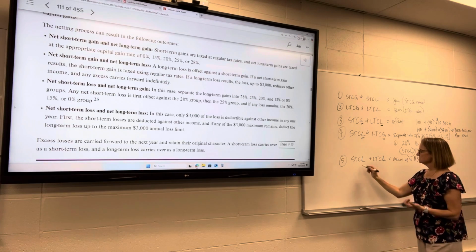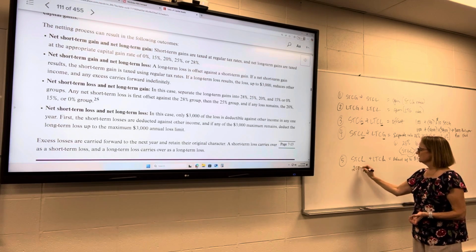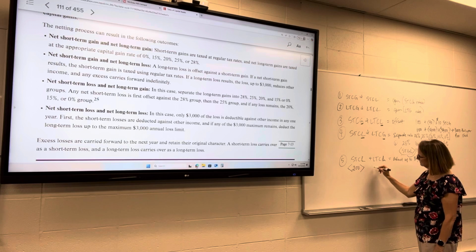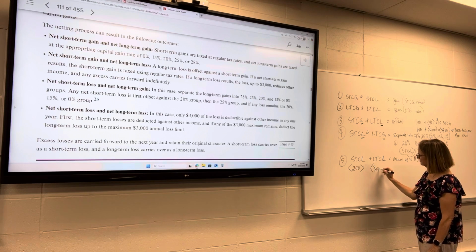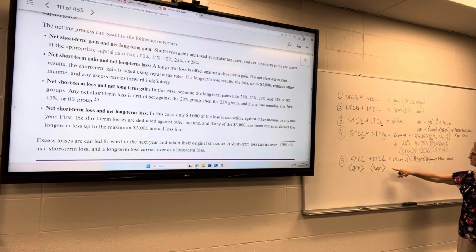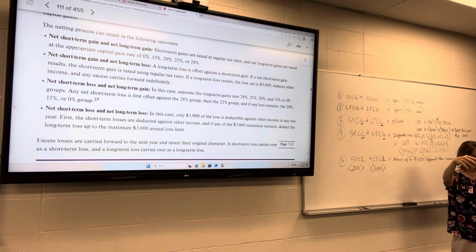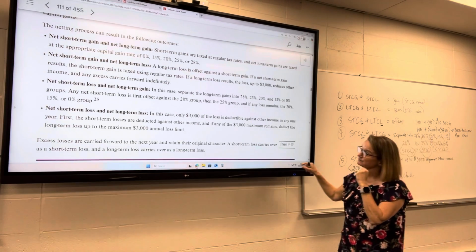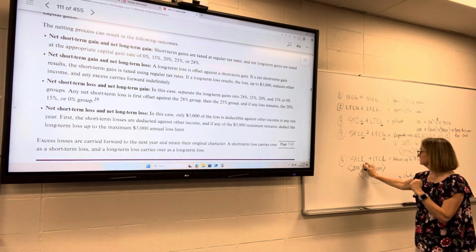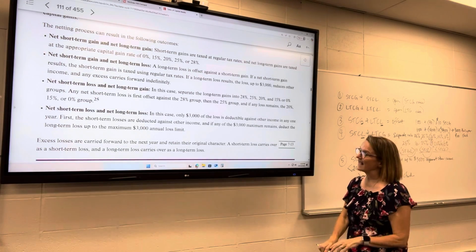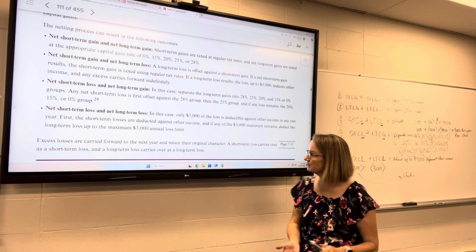So if we had, let's say, a $200 short-term capital loss, and the long-term capital loss was $3,000, then we can deduct $3,000 from other income elsewhere on the tax return. This $200 will get carried forward, and it will retain the same holding period, so it will get carried forward to the next year as a short-term capital loss.